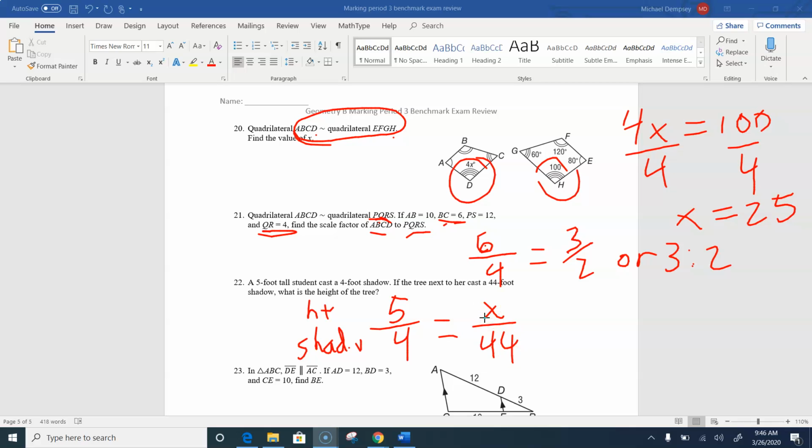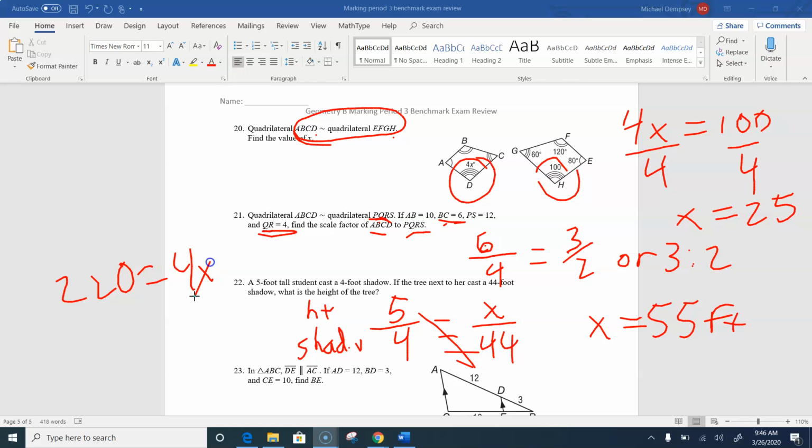You could cross multiply, or we can just see 4 times 11 gets us to 44. So x would have to be 55 feet here. If you wanted to cross multiply, if that makes more sense, 5 times 44 is 220. So I set that equal to 4x, and I divide, and I still get the same answer of 55.